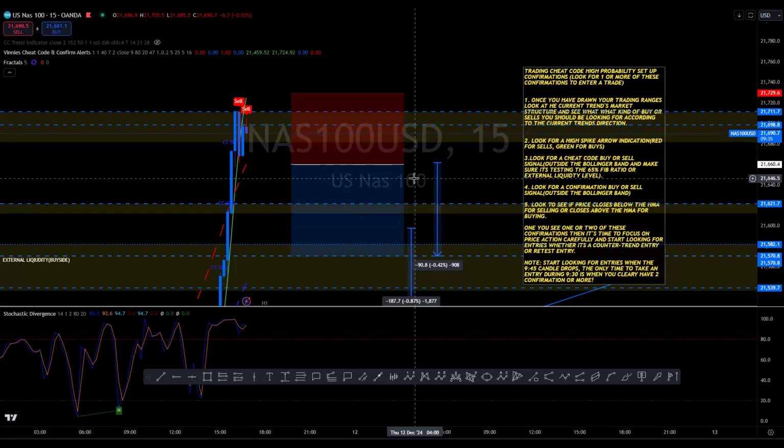Building drawdown, but we'll see how it goes.